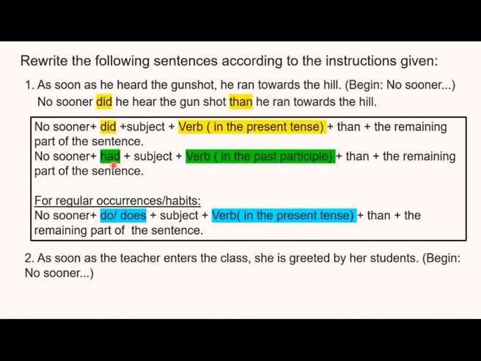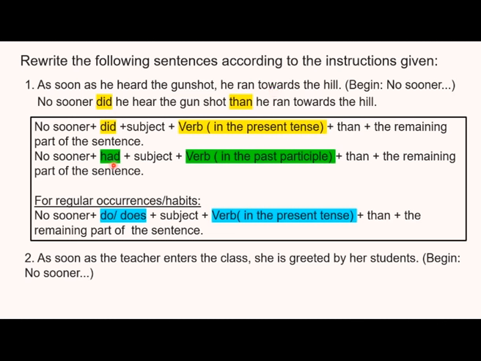For this kind of a sentence, you will write no sooner do or no sooner does. Do or does depends upon the number, whether the subject is singular or plural. So no sooner does, the subject, the verb will be in the present tense, then a than and the rest of the sentence. So let's do one sentence now just to revise this concept.